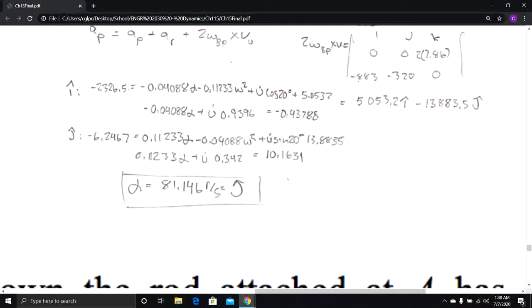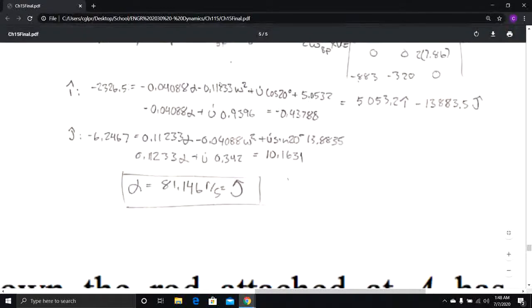This is a constant, this is a constant, this is a constant. I'm able to subtract and add this over, and I'm left with this.